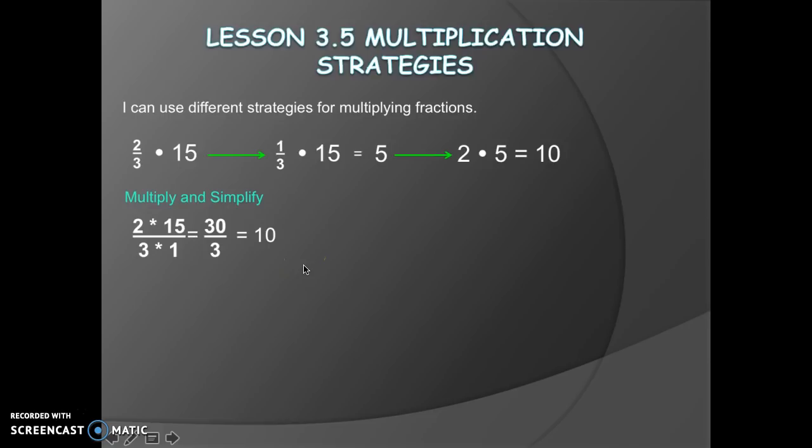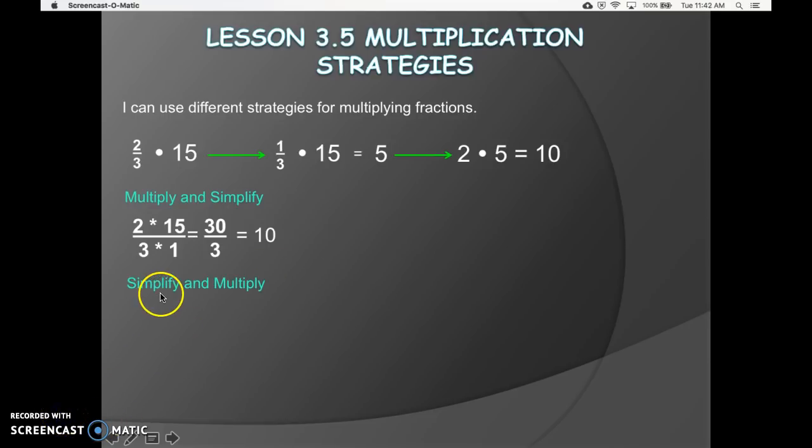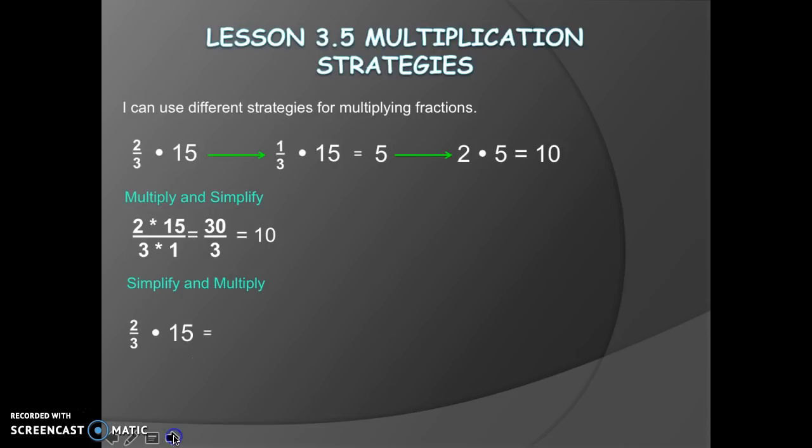Now here's something cool. We can simplify first and then multiply. Let me show you what I mean. So if we have that same problem, 2/3 times 15, or 2/3 of 15, one of the things we can do is look at the problem and ask, okay, is there a way that I could simplify first?